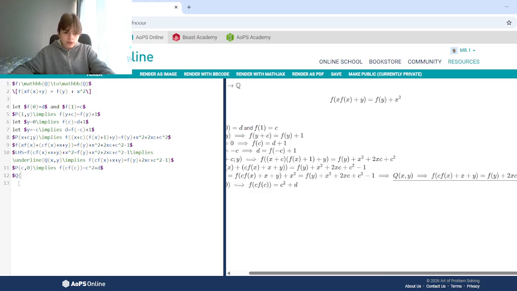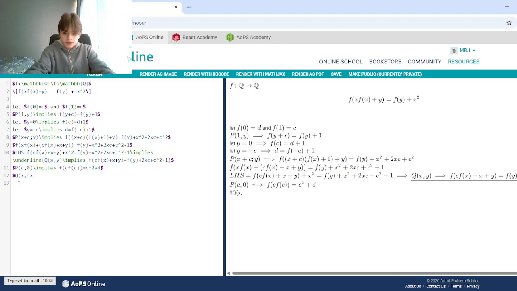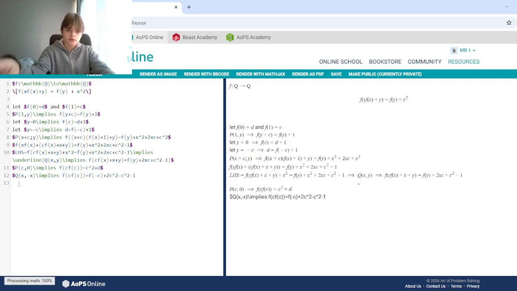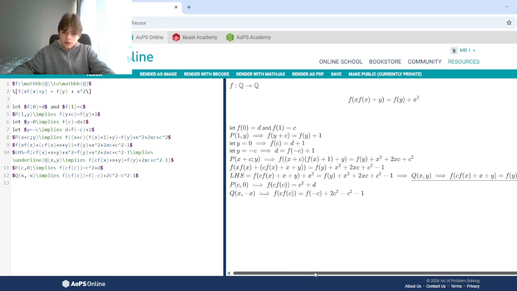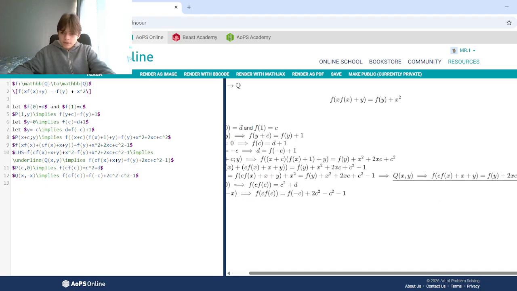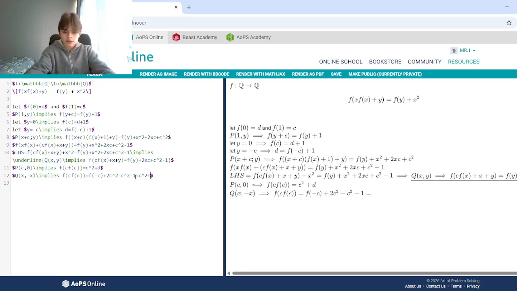If we put x and -x, we get f(c f(c)) is equal to f(-c) + 2c^2 - c^2 - 1. And we know that this is equal to c^2 + d.